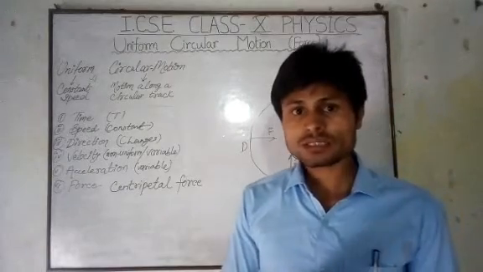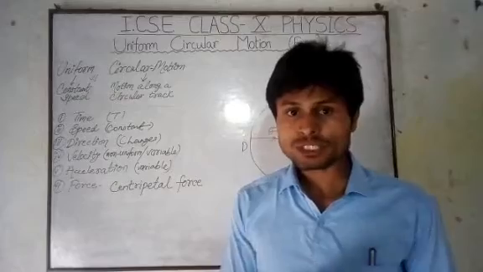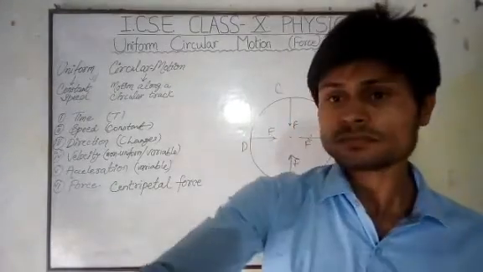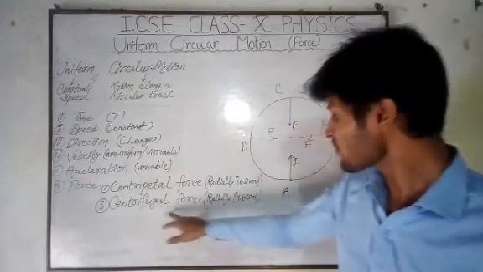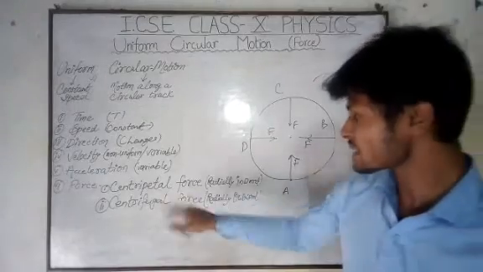This force acting on the body is equal but opposite to the centripetal force, and this force is called centrifugal force, which acts radially outward, opposite to the centripetal force.